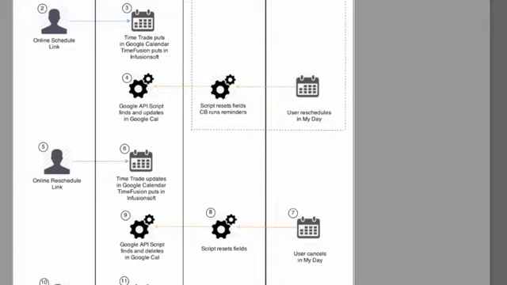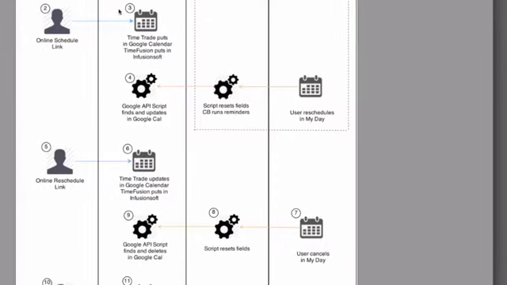So let's look at how we solved the issue. I started to take you through this. This is sort of our standard format now for how we plan projects. So if you look, this is the client making their own appointments. This is his assistant making appointments in Infusionsoft. This is Infusionsoft.